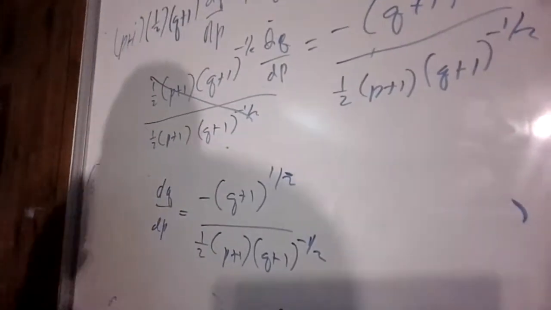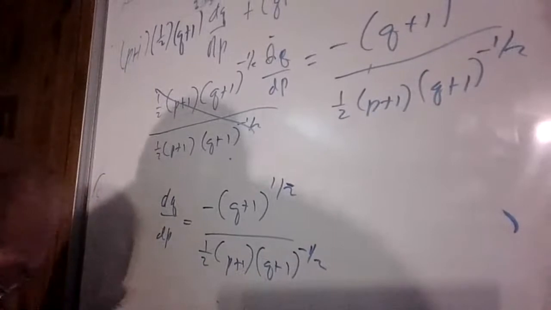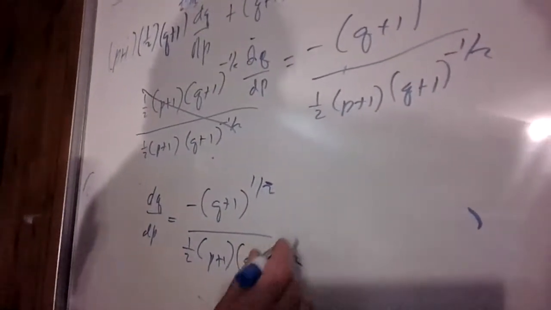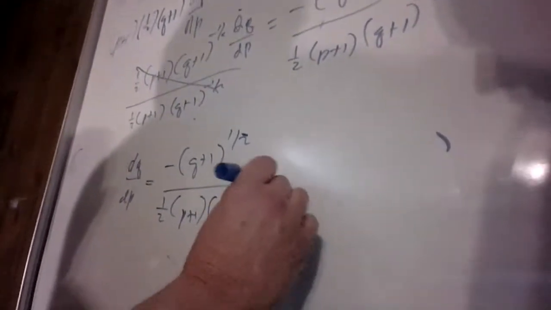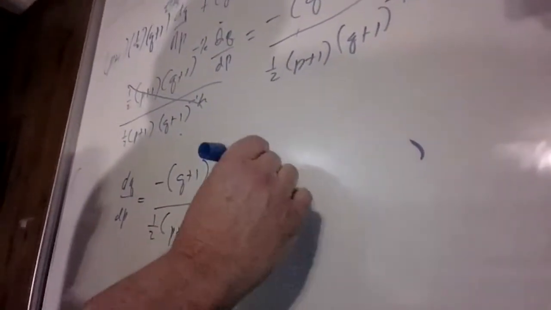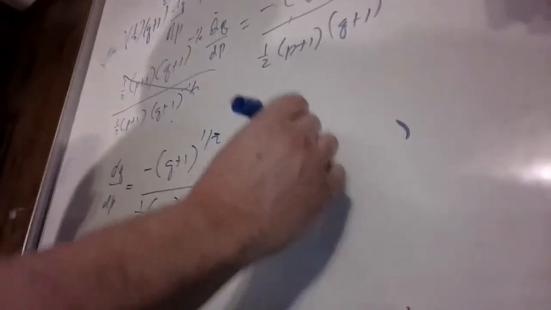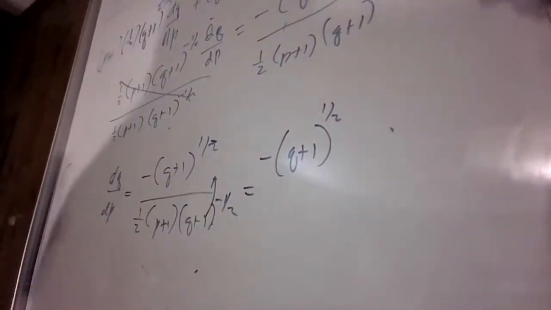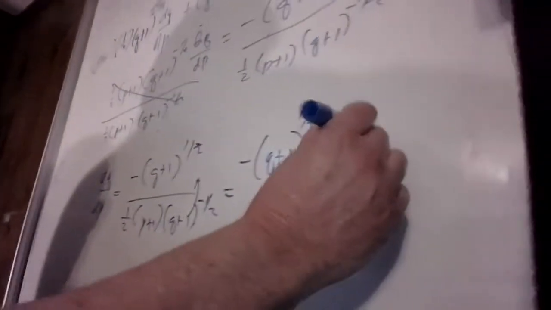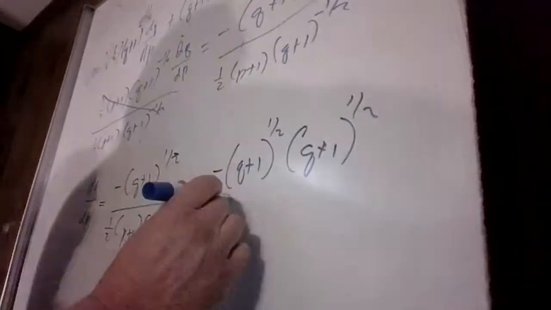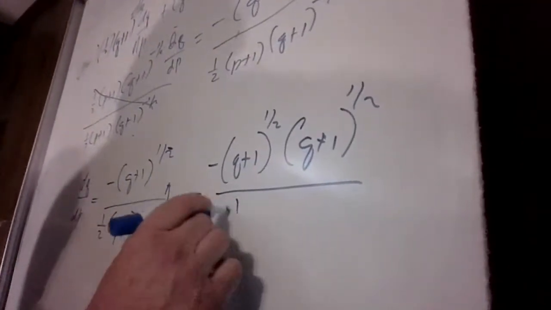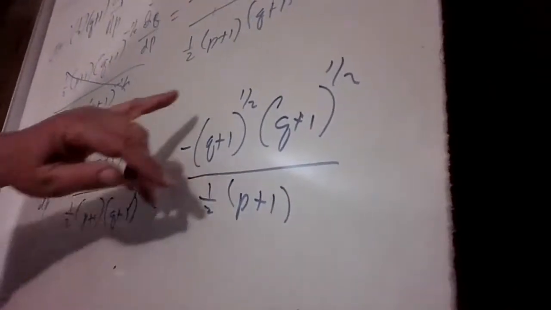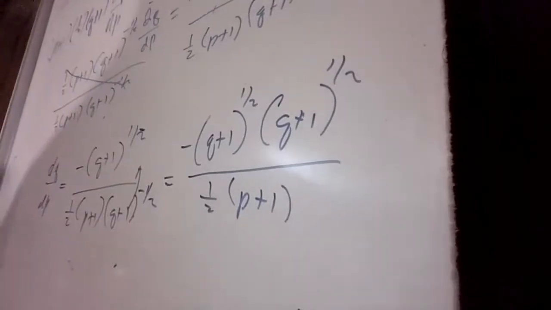Now I can do something to make this a lot easier. I don't right now, but if I want, I could bring the Q plus 1 to the minus 1/2 up here, and that would give me minus Q plus 1 to the 1/2. When I bring the minus 1/2 up, I change its power. Q plus 1 to the 1/2 over 1/2 P plus 1. Now, when I multiply, add, what's 1/2 plus 1/2?